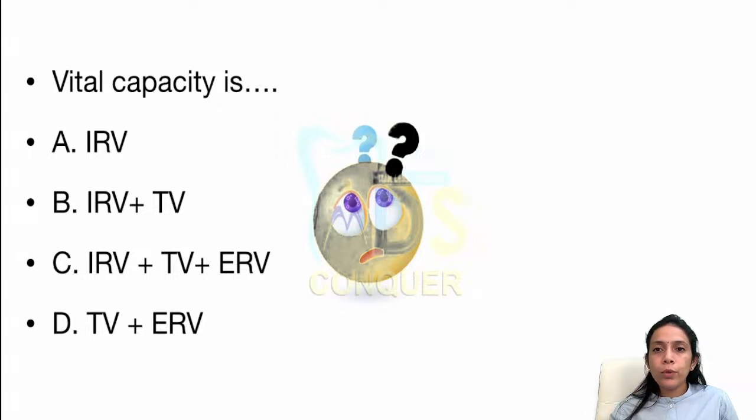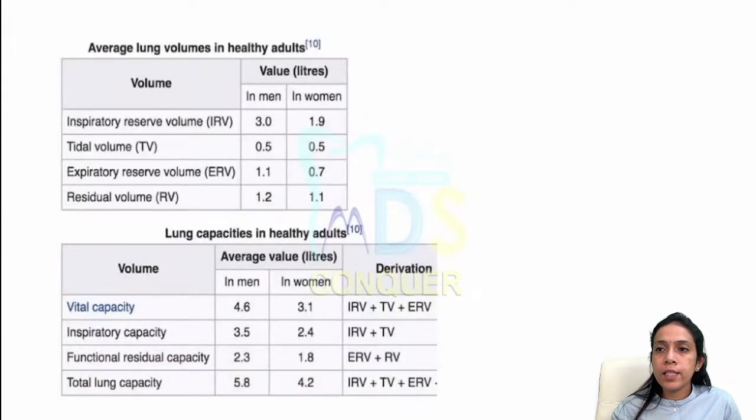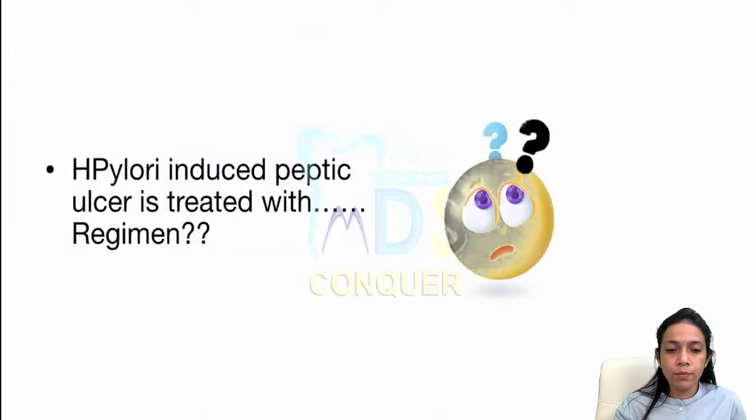So all these formulas of the lung volumes and lung capacities are very important, and the values are also important. The answer is C, that is IRV, inspiratory reserve volume, plus tidal volume plus expiratory reserve volume. That is the derivation for the vital capacity. Please note this table, already covered in your smart videos. Now next question.